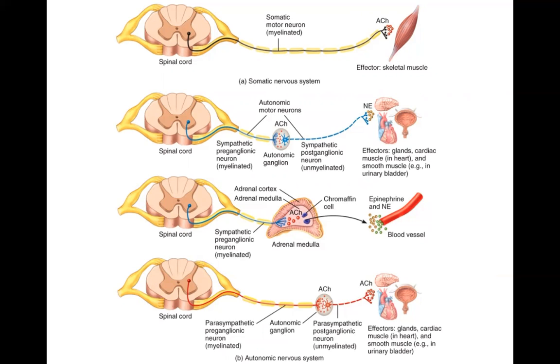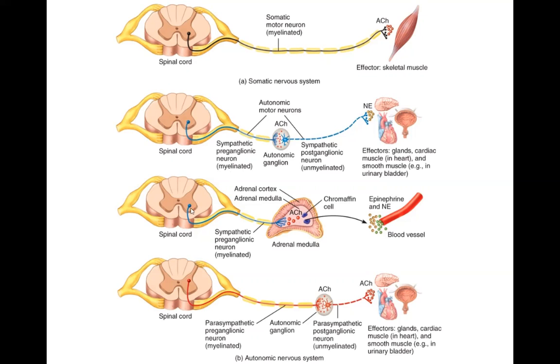Okay, so what that means is you should be able to just recognize what division of the nervous system each illustration is showing you. Okay, at the top, this is one neuron going all the way to skeletal muscle, so that has to be the somatic nervous system. Okay, the second picture is showing you the sympathetic nervous system, where you have a short preganglionic and then a long postganglionic.